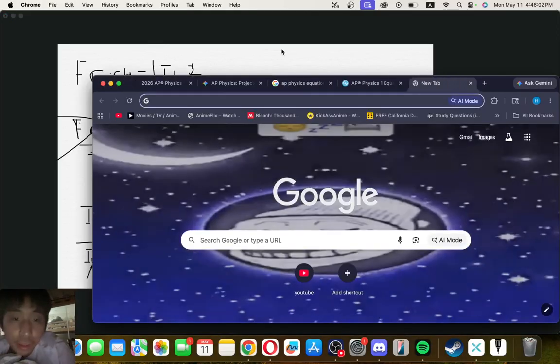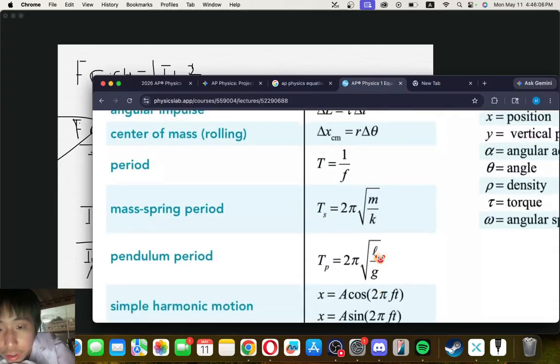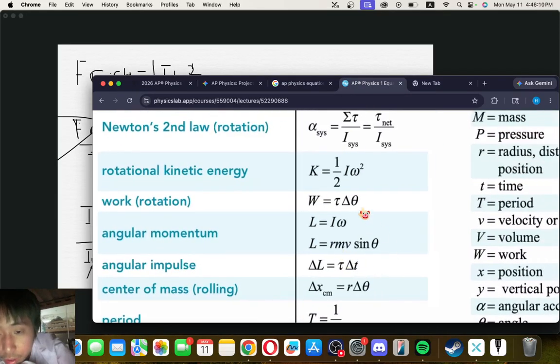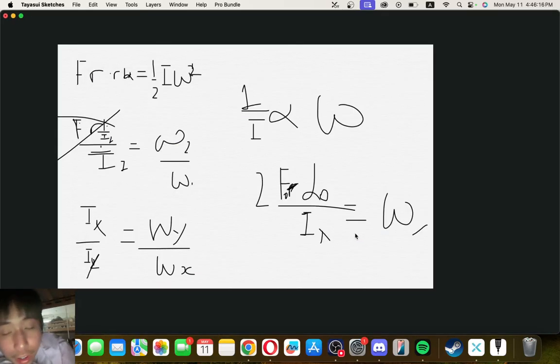Let's search it up. We'll get the AP. Let's see if there is a rotational version of the concept of work. Oh, change in theta. My fault, gang. Well, the change in theta times LO.